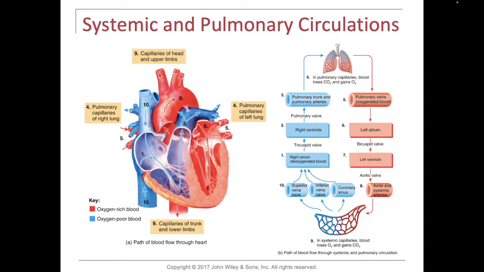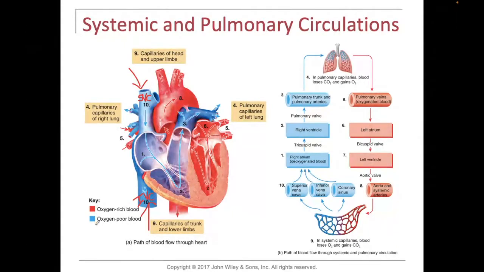and now it's numbered. So it's somewhat easy to follow. But I'd like for you to look at number 10 right here. We'll start here, and number 10 right here. So we're looking at the superior vena cava and the inferior vena cava.